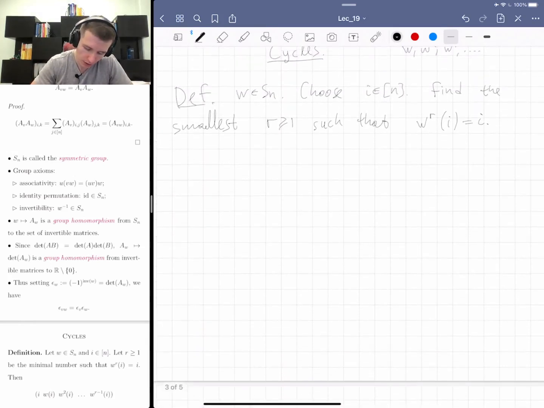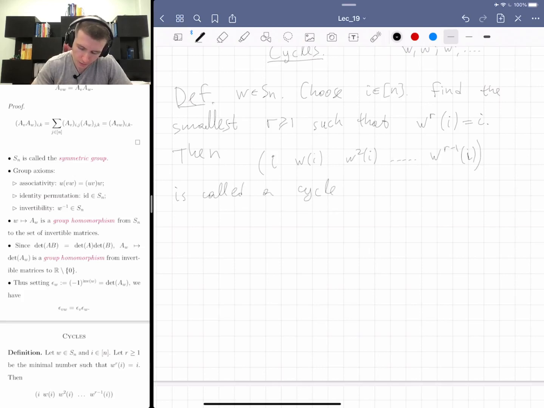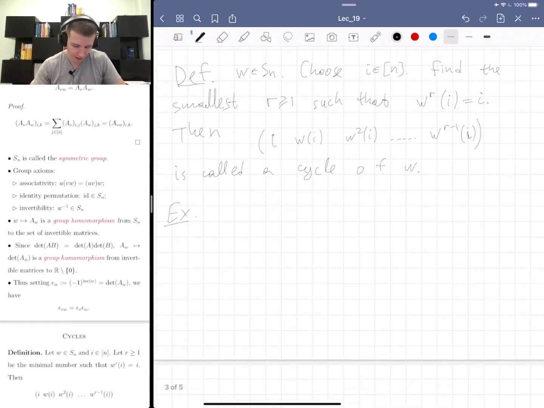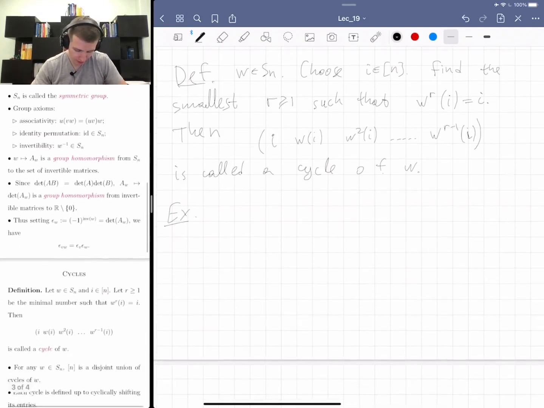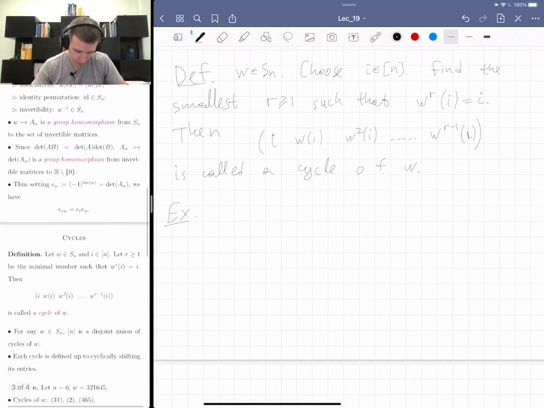Then by definition, I, W of I, W squared of I, all the way up to W to the r minus 1 of I is called a cycle of W. This definition is completely weird, but I think an example would be nice.